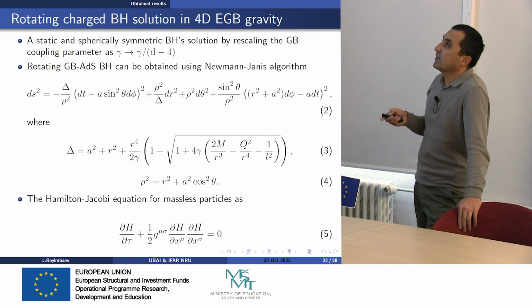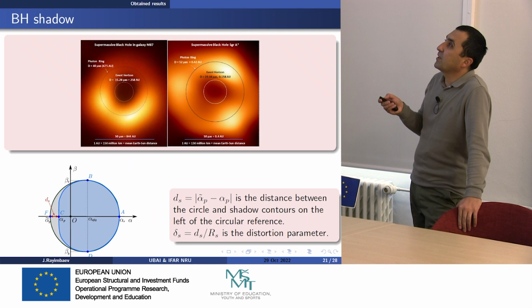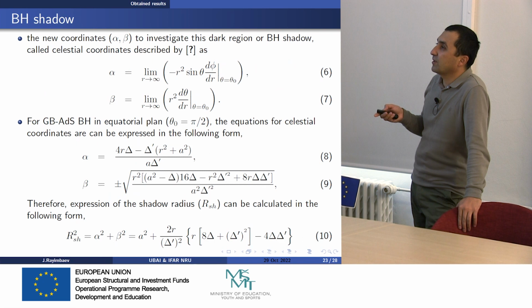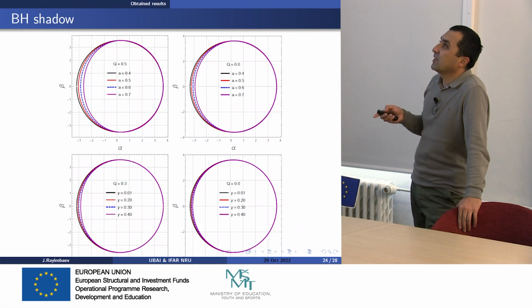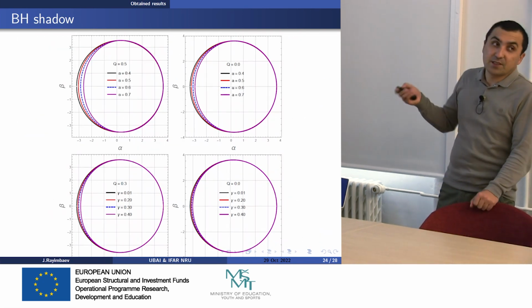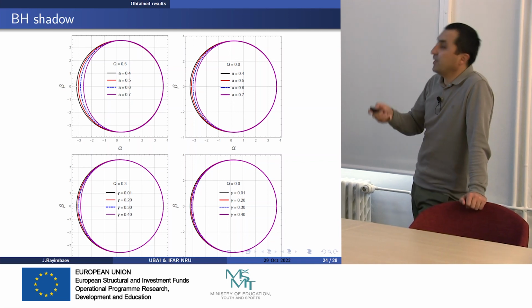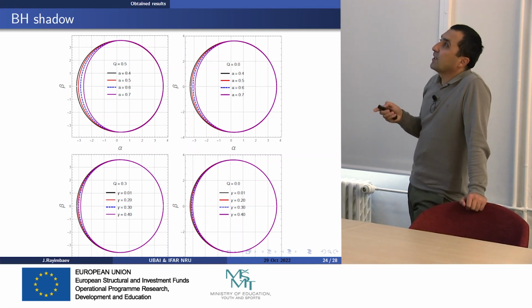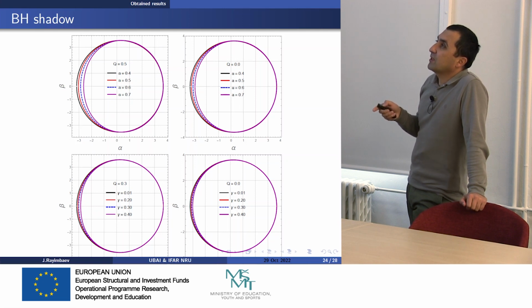We have observational data from these black holes for shadow size, and we can test it by fixing the shadow size. And here we show the behavior of the shadow, the effects of the black hole charge and spin for different values of the gamma parameter.